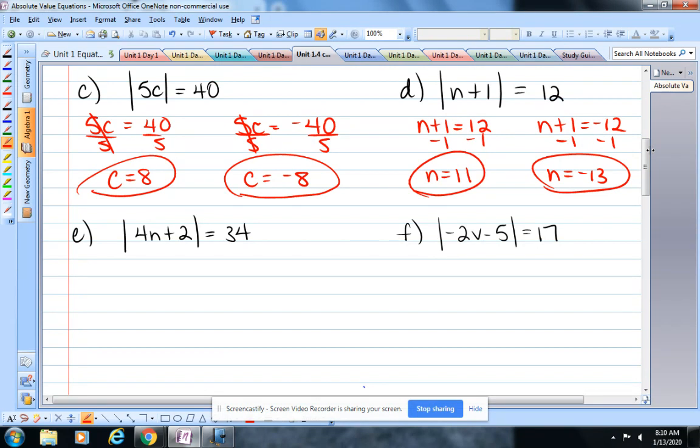All right, so the first equation says the absolute value of 4n plus 2 equals 34. So what two equations do we write? 4n plus 2 equals 34. And what's my second equation say? Y'all, when we write these two equations, you don't put bars with them anymore.